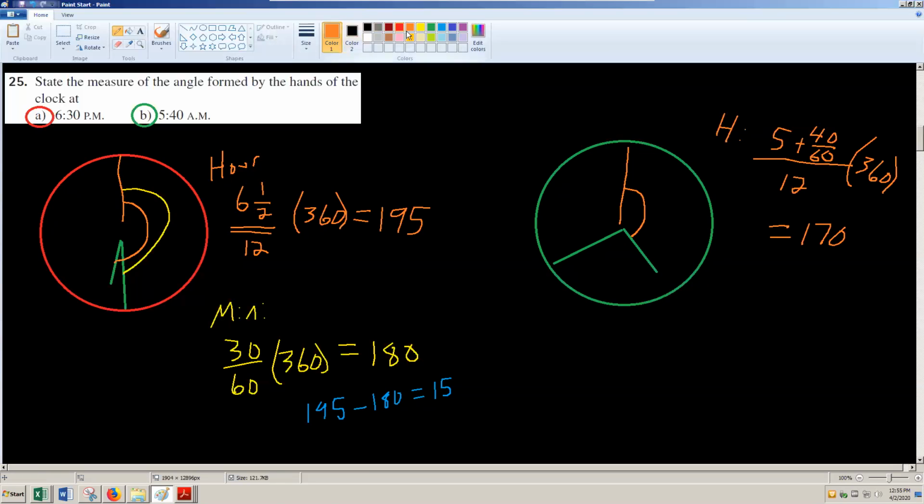And now we'll take a peek at the minute hand, coming around all the way to here. So for our minutes, we have 40 out of 60 times 360 equals 240. So now I'm just going to be doing 240 minus my 170. So that's going to be my final answer of 70 degrees.